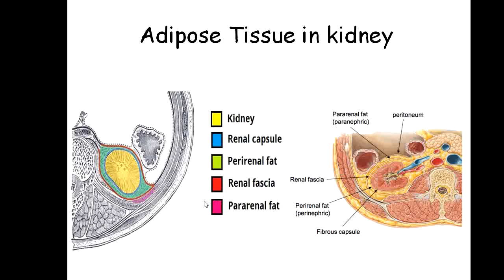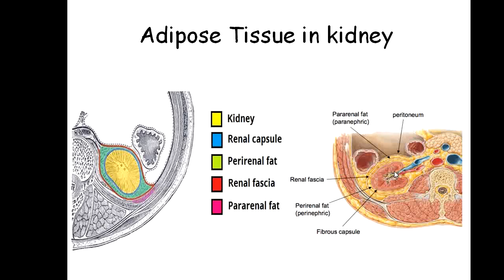Pararenal fats are the fats which are present outside the renal fascia. All the fats which are present outside this reddish layer are called pararenal. For example, this small amount of fats represents the pararenal fat. This is not a small amount, but in this diagram you can see it in a small amount.